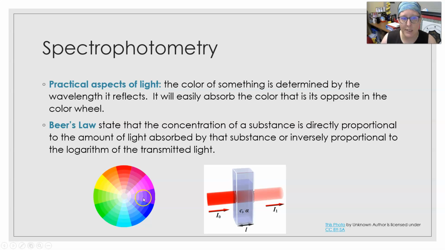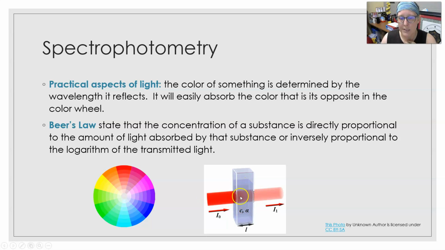And then Beer's law states that the concentration of a substance is directly proportional to the amount of light that is absorbed by that substance, or inversely proportional to the logarithm of the transmitted light. And so we can shine the light through a cuvette that is full of the chemical reaction with the analyte being detected. So there's a color change that's going on here.